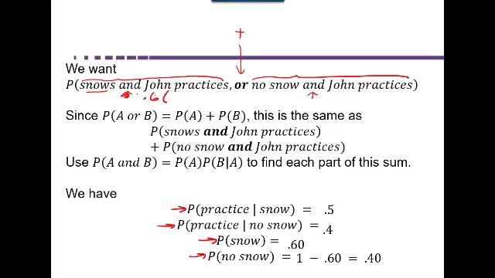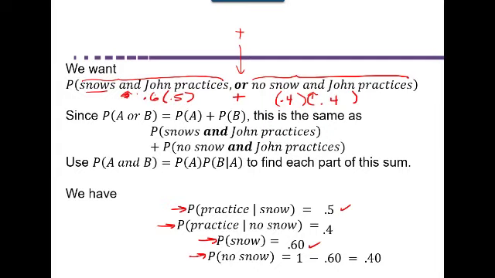Remember, the probability of snow and John practicing would be the probability of snow, which is 0.6, times the probability that he practices given that snow has occurred, which is 0.5. Or means plus.